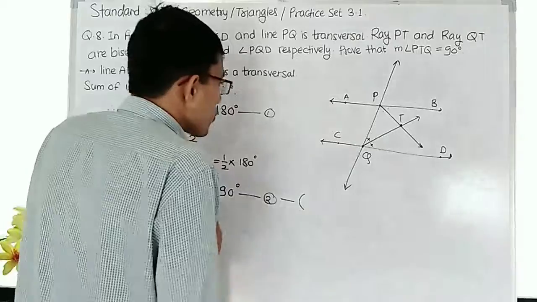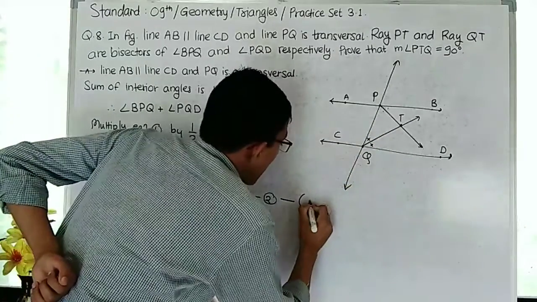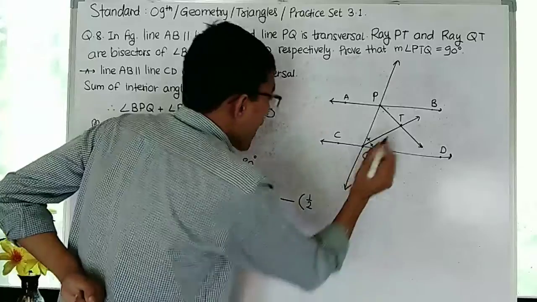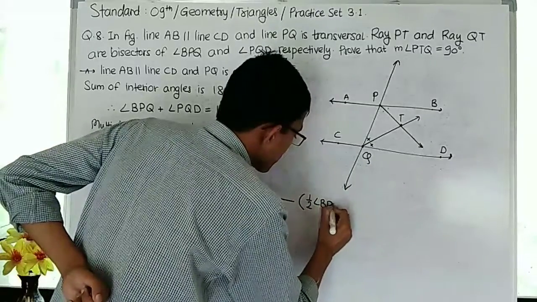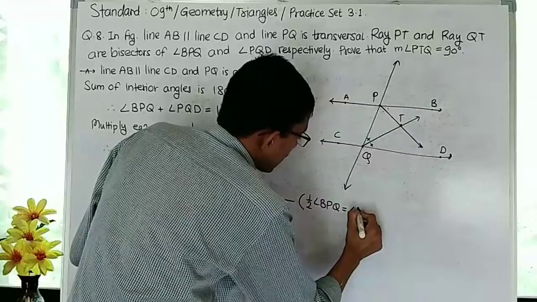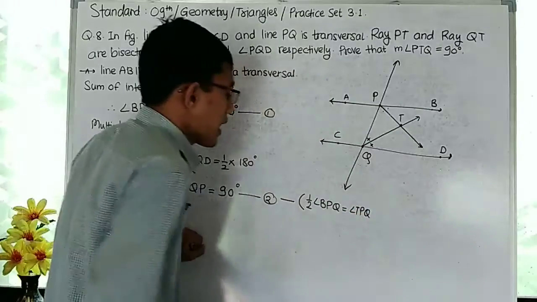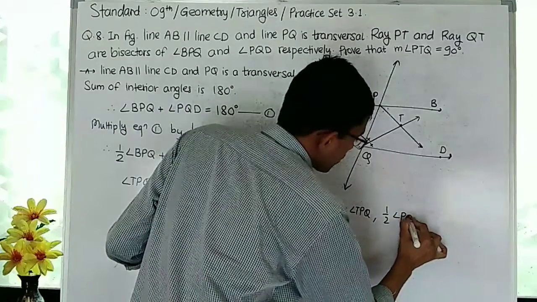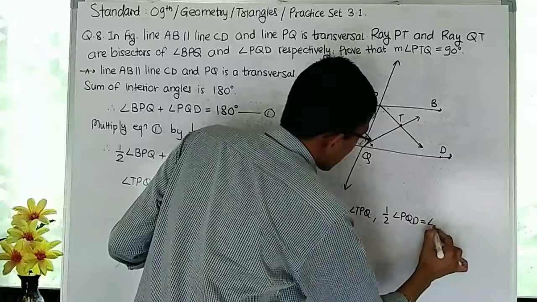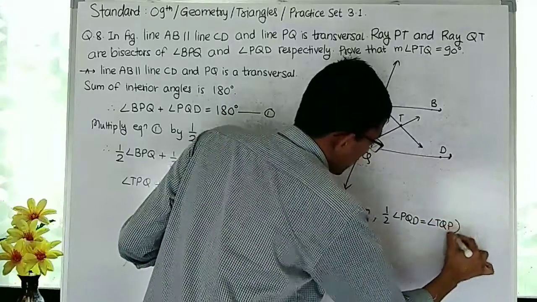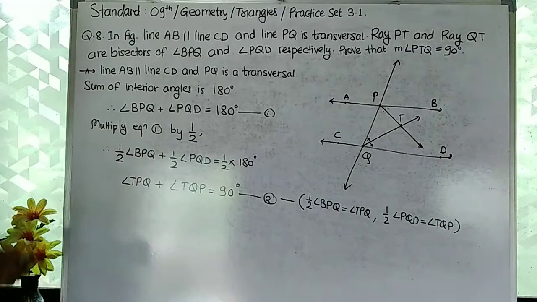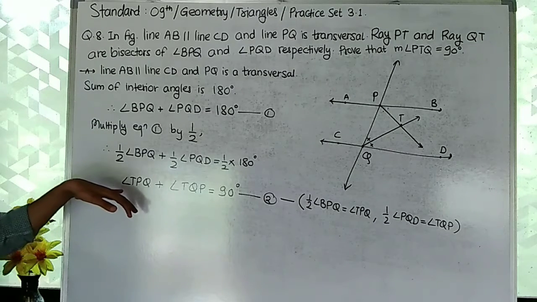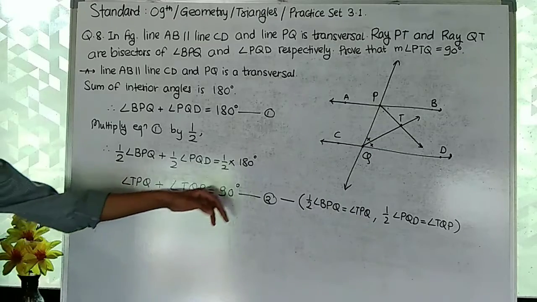So we can take that half of angle BPQ is angle TPQ and half of angle PQD is equal to angle TQP. This is the reason behind that, as it is given to us that these rays are the bisectors of the given angles. Now we have got equation number 2, wherein the sum of angle TPQ and angle TQP is equal to 90 degrees.